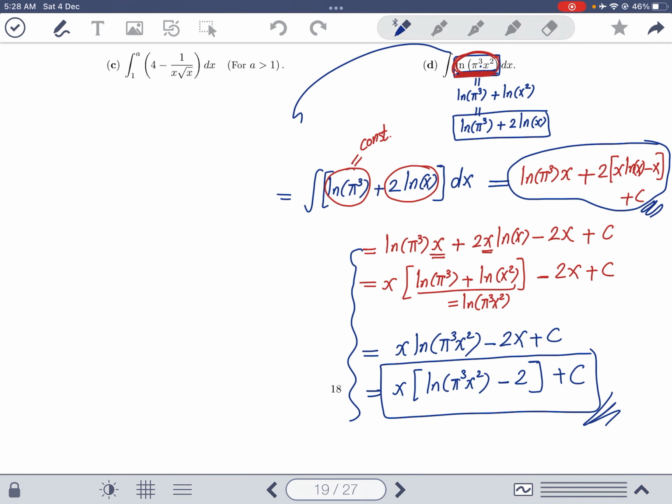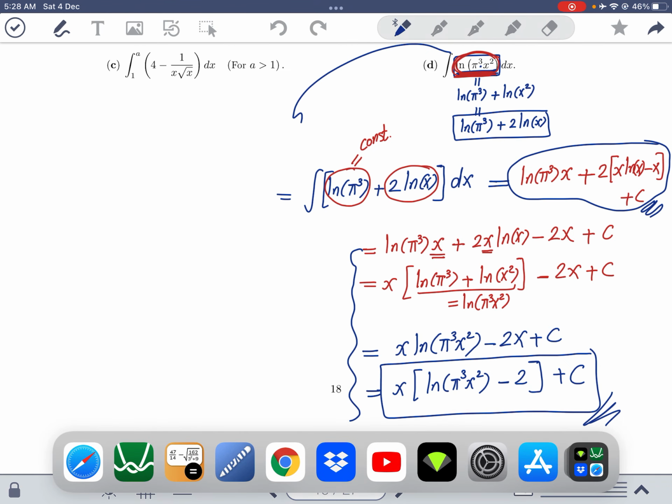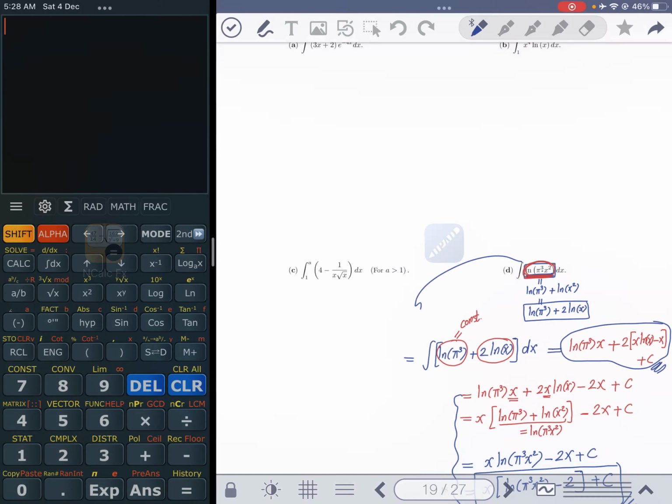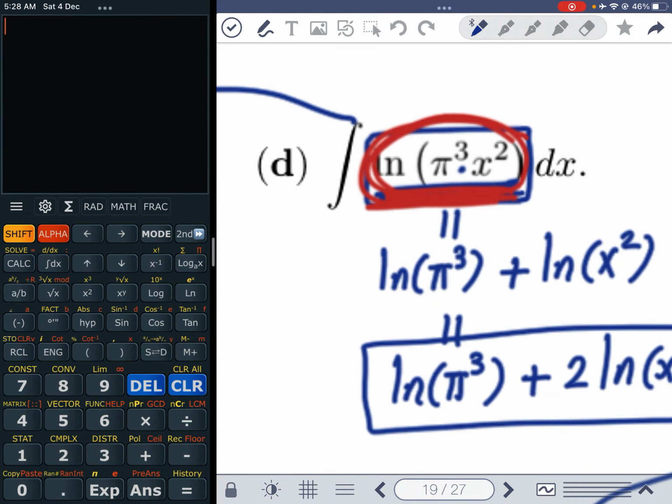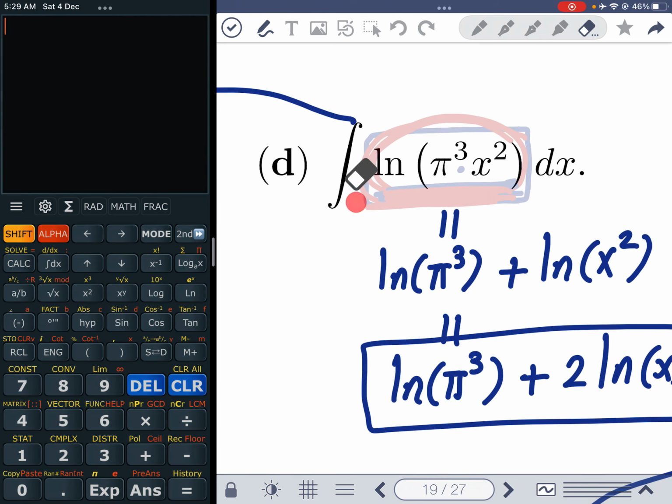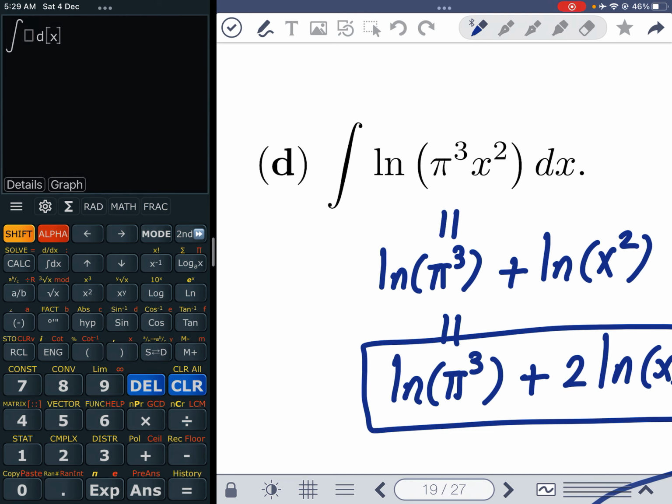Okay, so let's check that this is the correct answer. I'll put the calculator here and we will write this integral. So it is the integral of ln of pi cube, so pi is here to the power 3 times x squared, so x is here squared, and now we close it, equals.